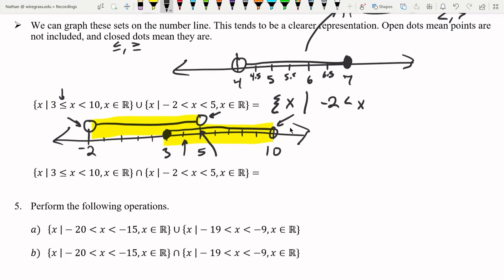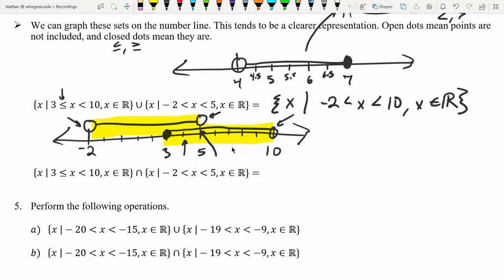Everything between -2 and 10 is included. 5 was the only questionable point, but it is included in the second set, so we can include it in the union. We're not going to include 10 though. 10 is not included in either one. And of course, x is an element of the real numbers. So that's that yellow set there, the overlap of both of those two things.